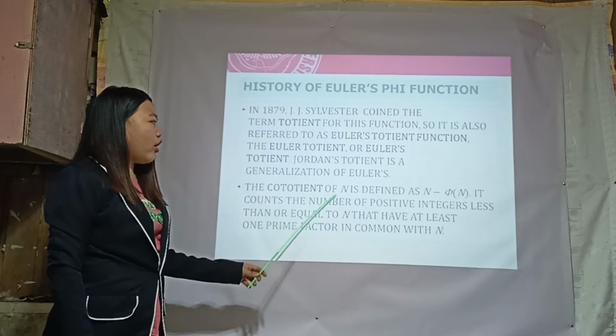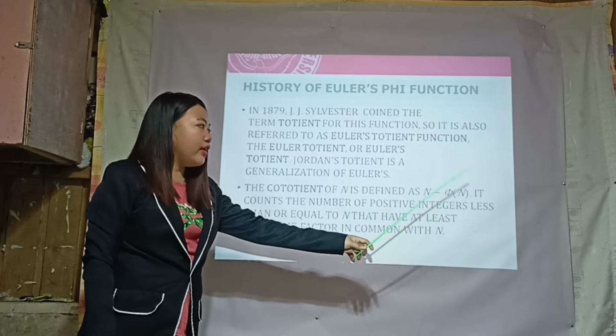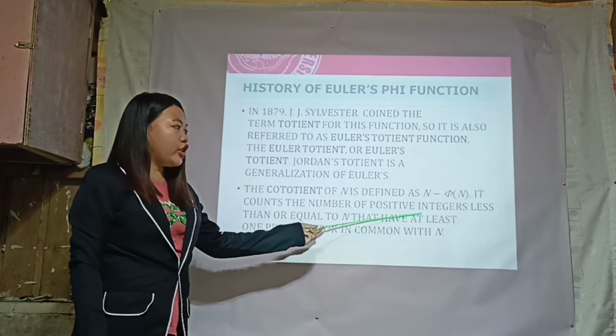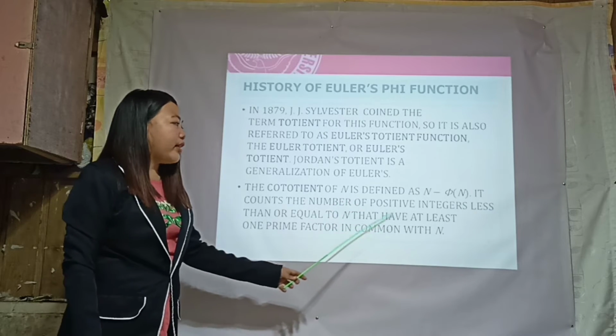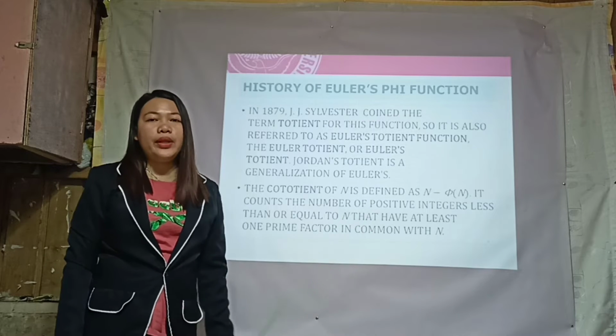The cototient of n is defined as n minus phi of n. It counts the number of positive integers less than or equal to n that have at least one prime factor in common with n.